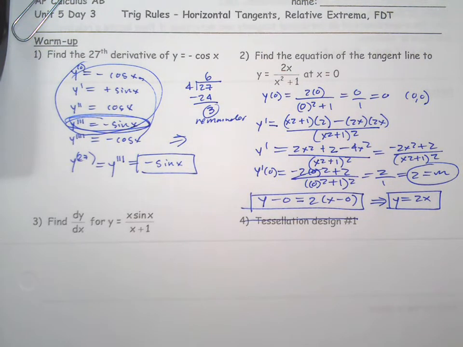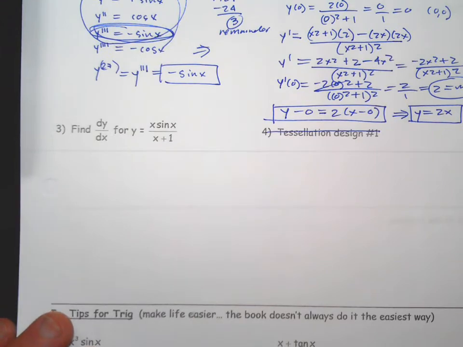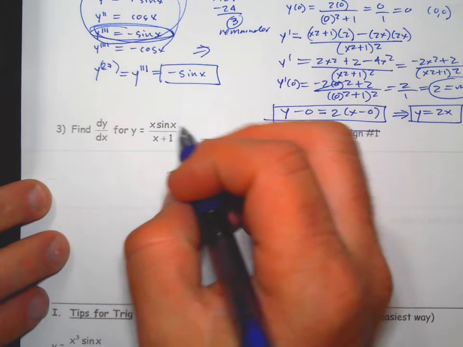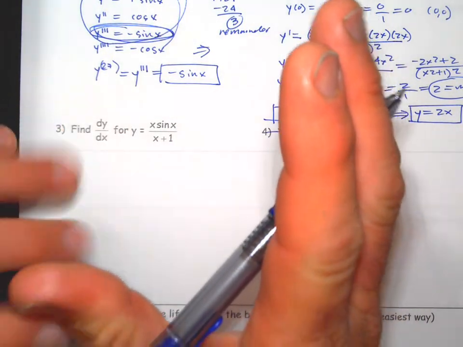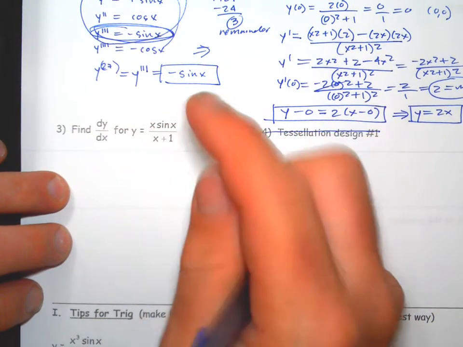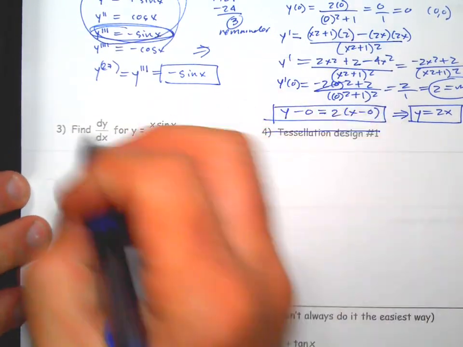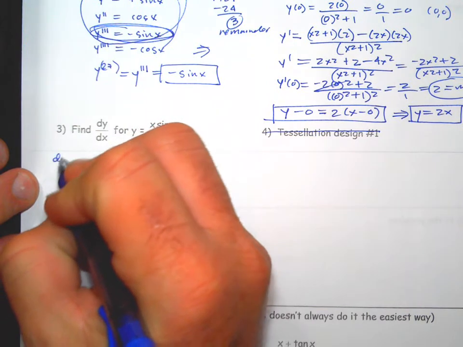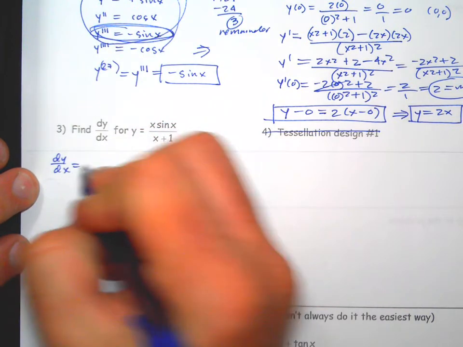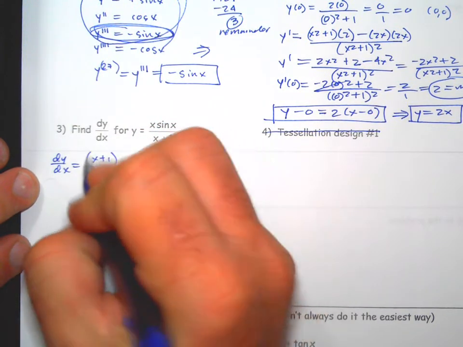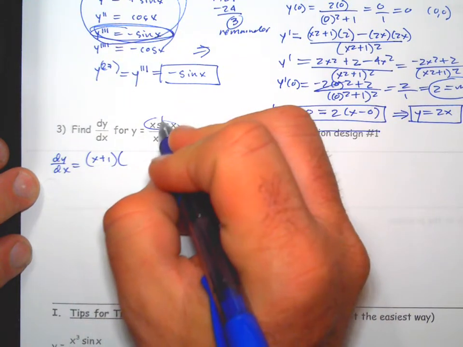Okay. Number 3 is we're trying to find the derivative. It definitely involves a quotient rule. It's the big picture rule. But then there's product, there's trig, there's powers. So dy dx or y prime is going to equal low d high. Now d high, that's going to be a product, right?